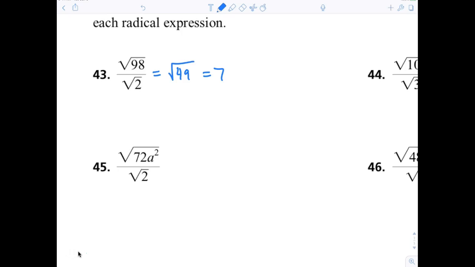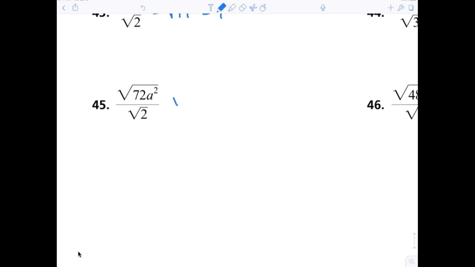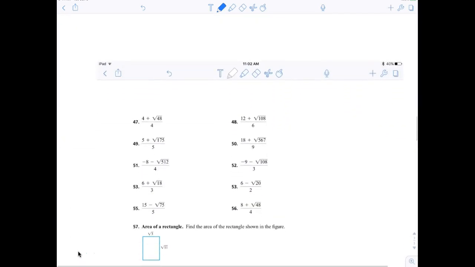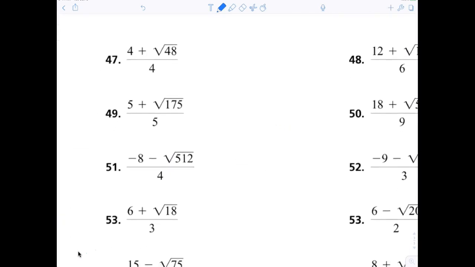So you can reduce radicals just like a fraction. So what's 72 divided by 2? 6. So now I have the square root of 36a squared, which is the same as 6a. 6a, right? Now again, it's been a day or two, so if you're not sure, if you don't remember, let me know. Everybody good on that, right? Yeah, nothing to it.